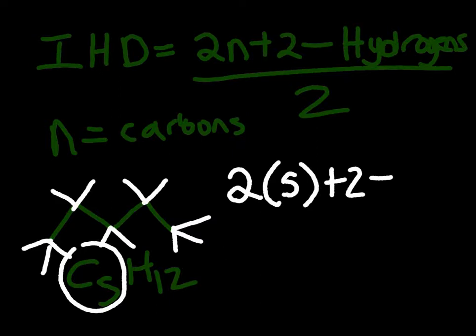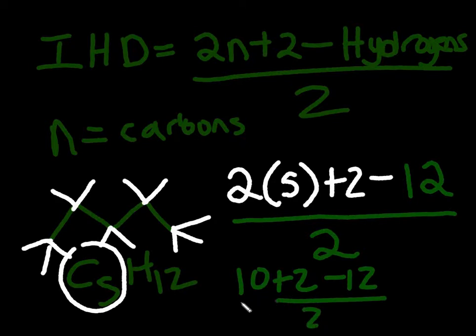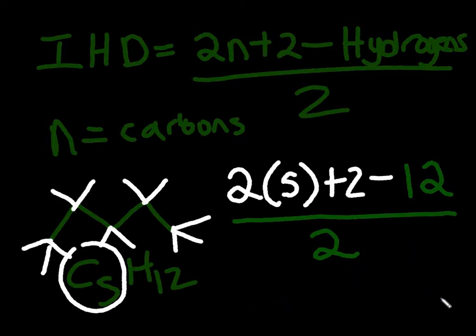So that would be 12 all over 2. So what do we get? 2 times 5 is 10, plus 2 is 12. So I have 12 minus 12 over 2, and we know that 12 minus 12 is 0. So you have 0 over 2. So the IHD would be 0.